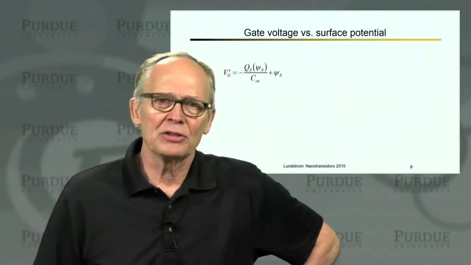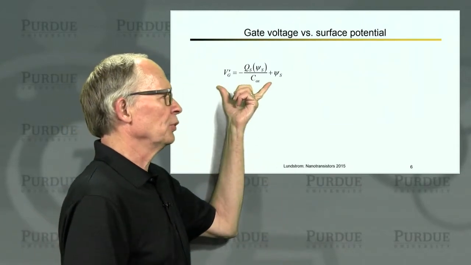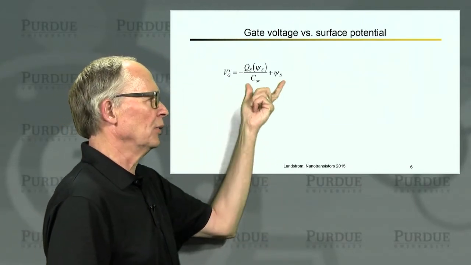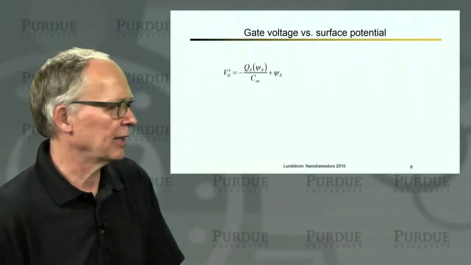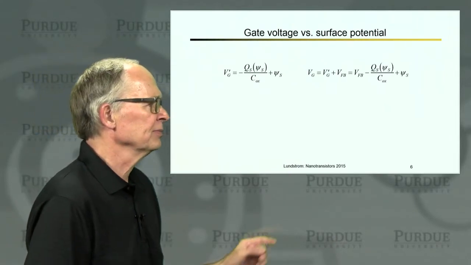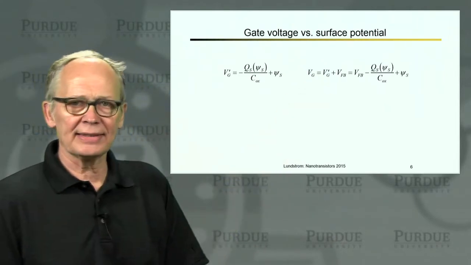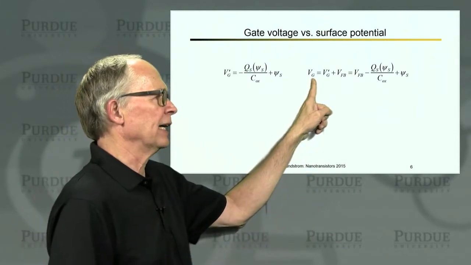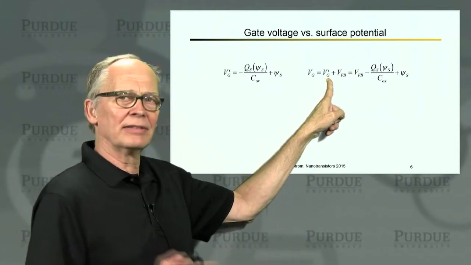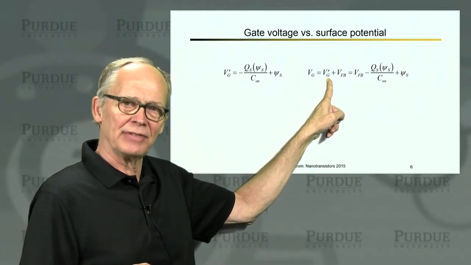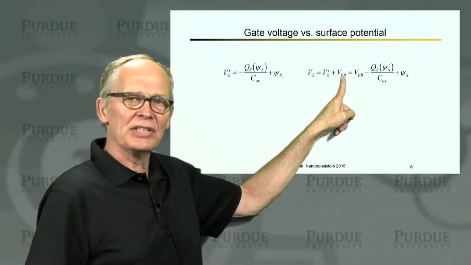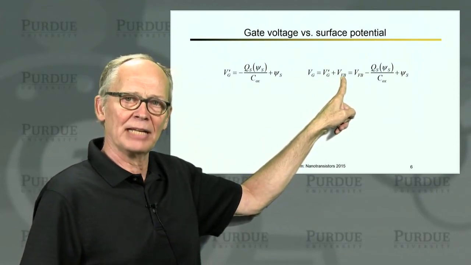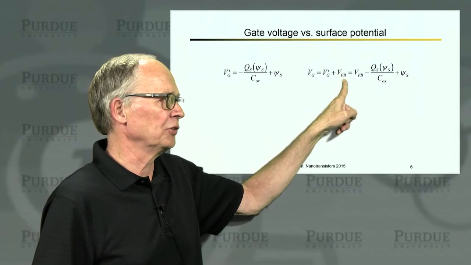Okay, so we've been talking about this very simple relation between ideal gate voltage and charge in the semiconductor and surface potential. We can easily fix this now. The actual gate voltage is the ideal gate voltage, which had a 0 flat band voltage. Now we just have to add in what the actual flat band voltage is. We just add this term in.